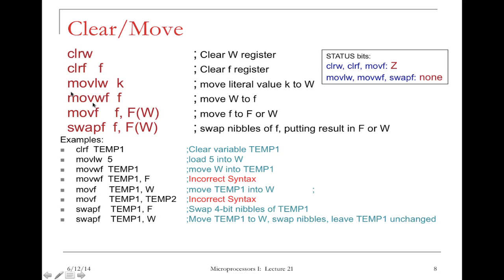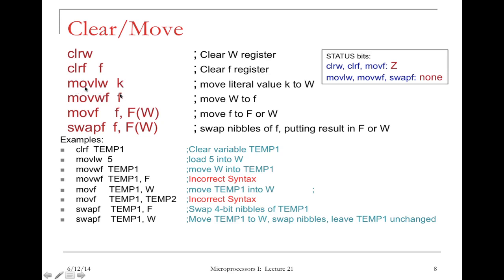Next instruction, move WF. Can you guess what this instruction does? Well, even though it's explained here, this is a move instruction again. We're going to move the value from W to F. Now, F is just saying the operand needs to be a register, and this F is the real register.